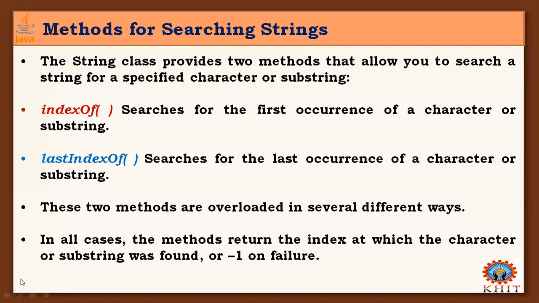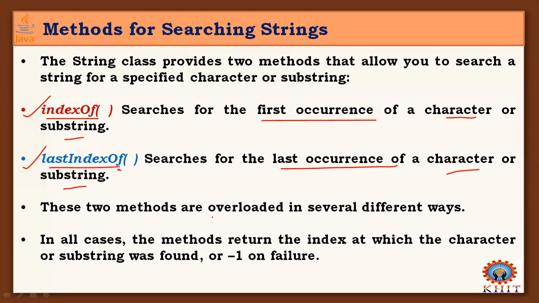That is indexOf and lastIndexOf. The first one, indexOf, searches for the first occurrence of a character or a substring. The lastIndexOf method searches for the last occurrence of a character or a substring.